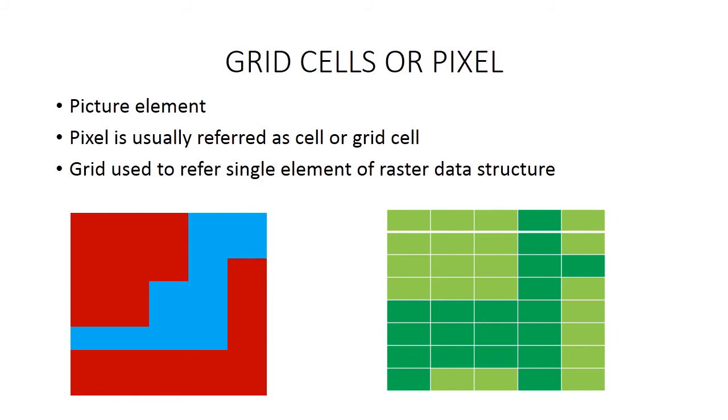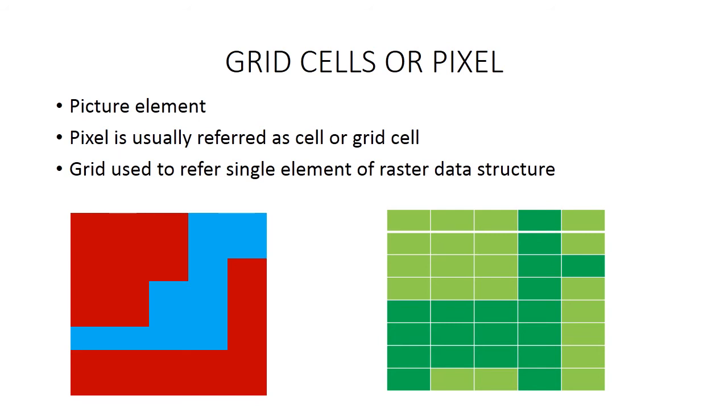A pixel or cell refers to the smallest unit of information available in an image or a raster map, and each cell has information which can be represented in the form of a raster cell or an image.